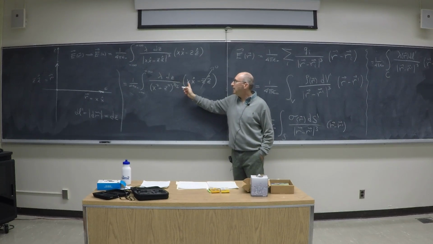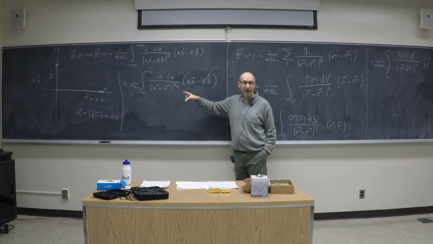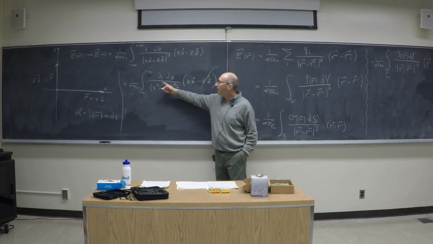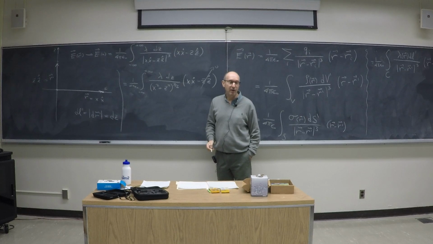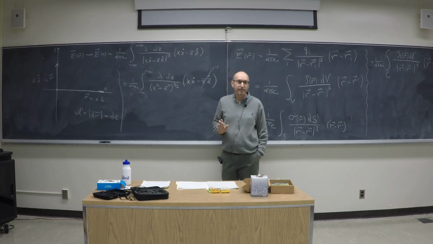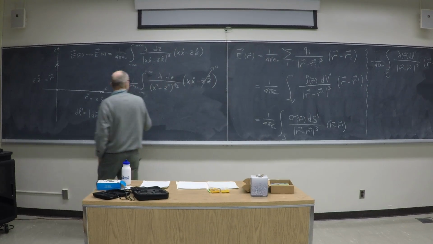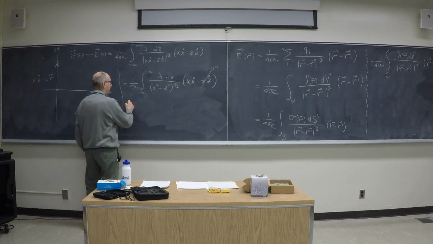Since we're integrating in z, x is a constant that can be pulled out. Okay, and so now we get an even function in this case, so that's not going to cancel. All right, so do this. 1 over 4 pi epsilon 0.